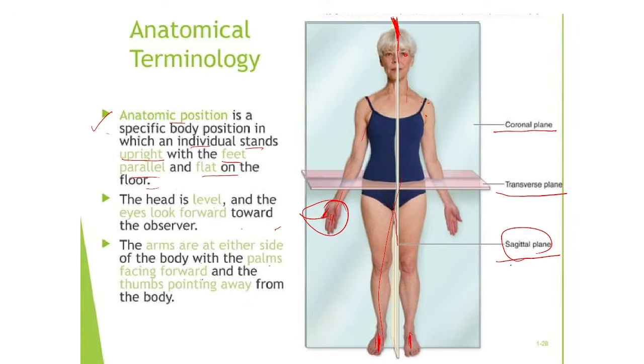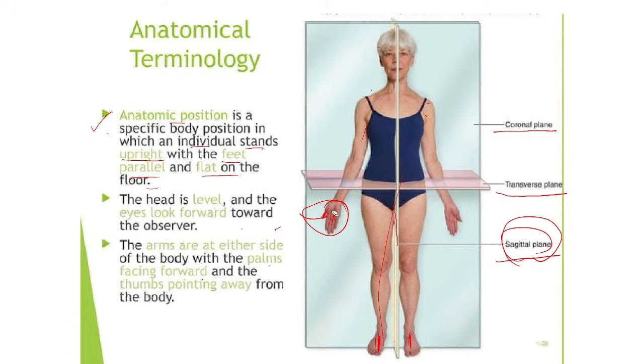Okay, understood? What is meant by the sagittal plane? From front to back, we are making a cut or imaginary line. The body becomes two parts, this is the right side and this is the left side, equally two parts. This plane is known as the sagittal plane.